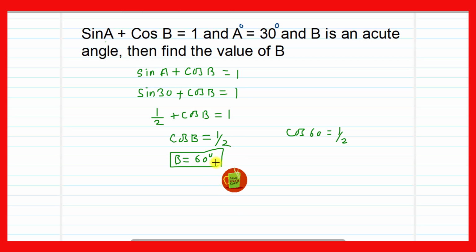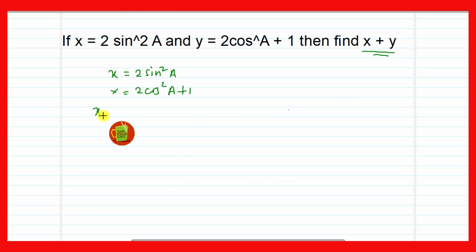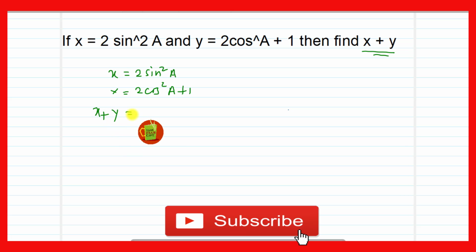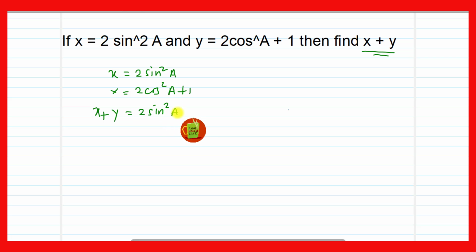Highlight this. Now the next question is, if x is equal to 2 sine square A and y is equal to 2 cos square A plus 1, then find the value of x plus y. So friends, here x plus y will be equal to 2 sine square A plus 2 cos square A plus 1.